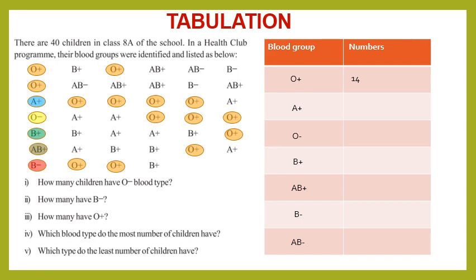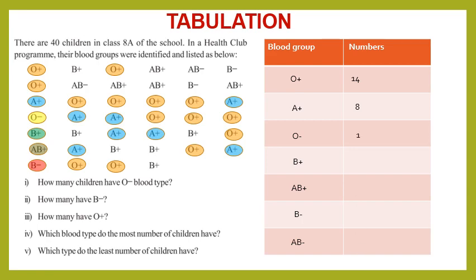Next, count the number of A positive blood group children. Here 1, 2, 3, 4, 5, 6, 7, 8. So A positive children are 8. Then write 8 here and count O negative. Here you can see only one is there.